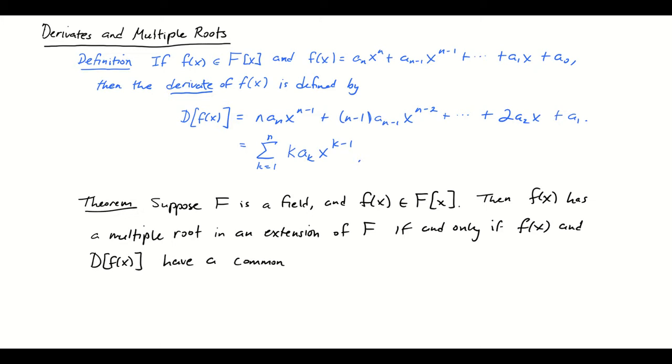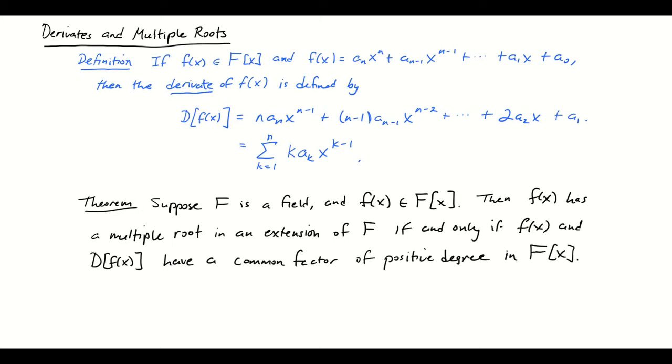And I should really be clear, a common factor doesn't mean just any common factor, because of course any two polynomials have a common factor, like 1 would be a common factor. So what I really should say is a common factor of positive degree. There we go, that's much better. In F[x].